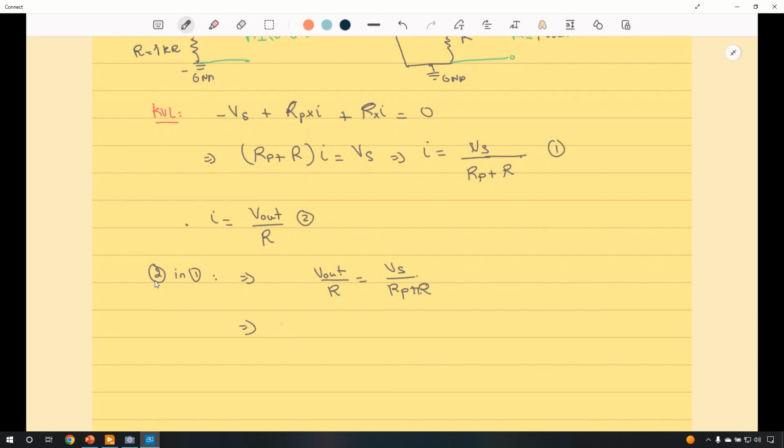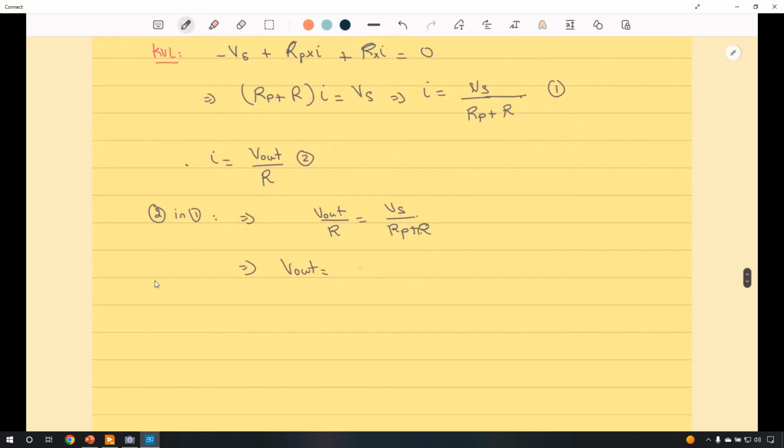So this means that our output voltage can be expressed as a function of the resistance values and the input voltage. So it's R over R plus Rp times Vs. And remember that Vs is fixed. It's equal to 5 volts. R is fixed, equal to 1 kilo ohm.